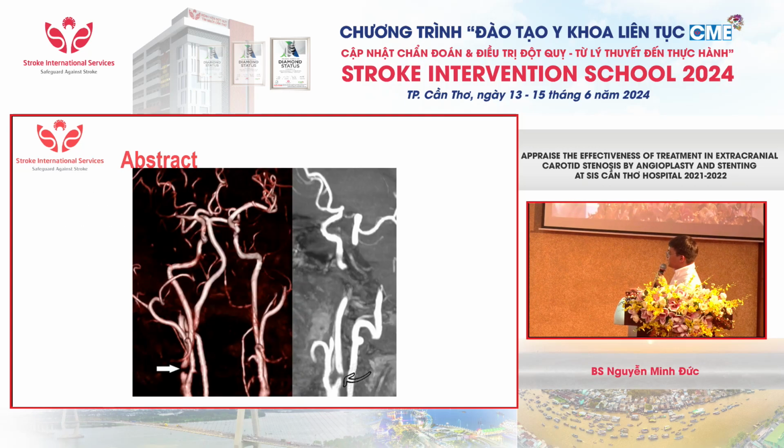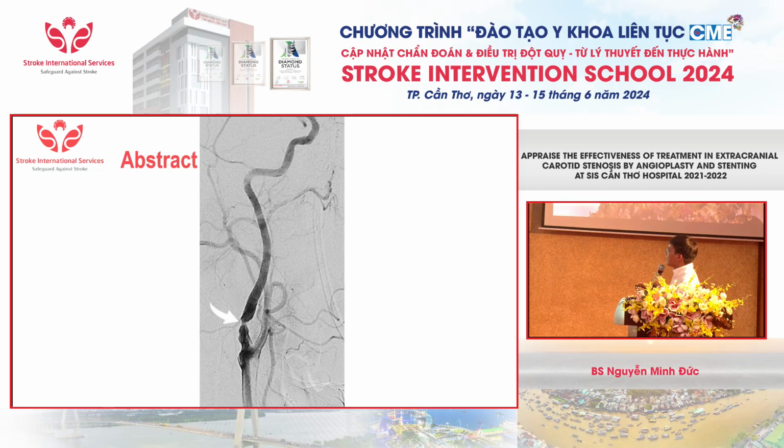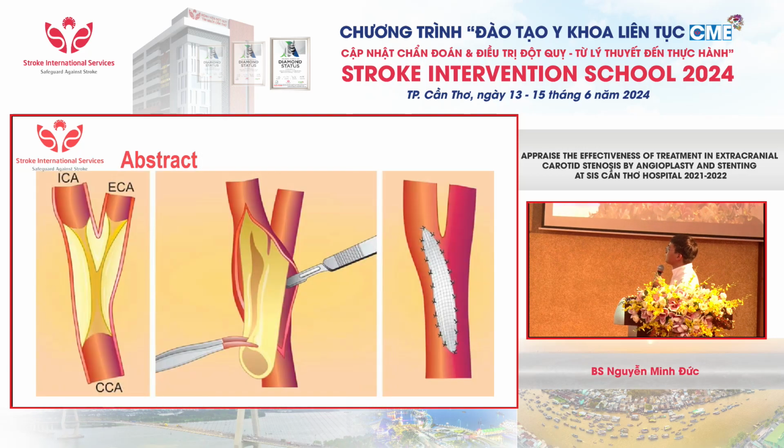This is the lesion when we use MRI to study it, showing a near occlusion of the ICA. When we make the angiogram, we can see the stenosis lesion.